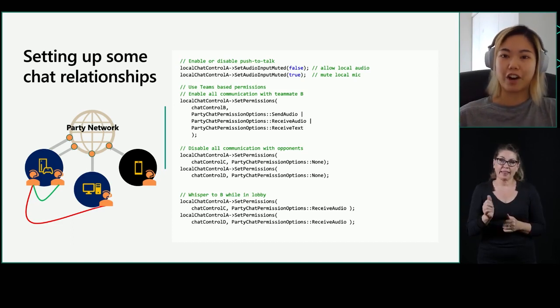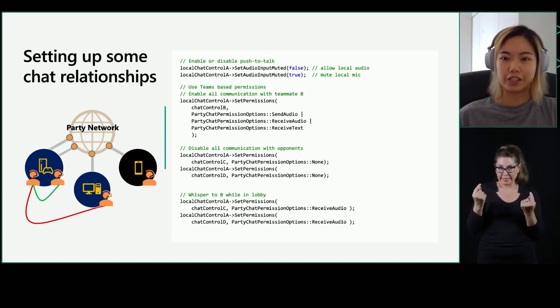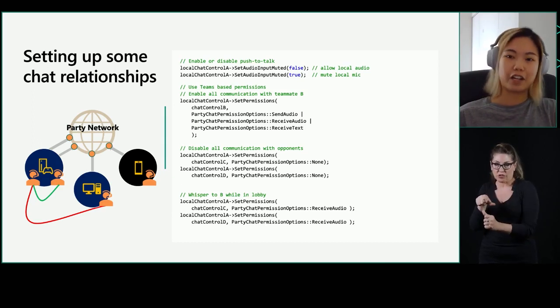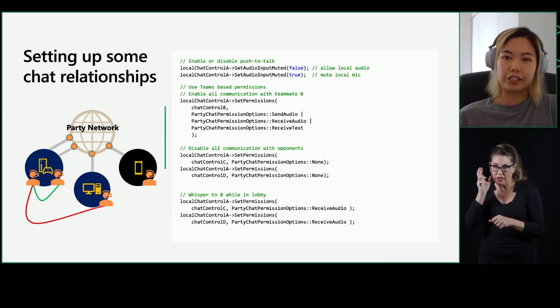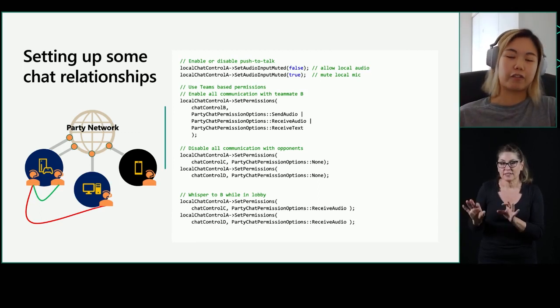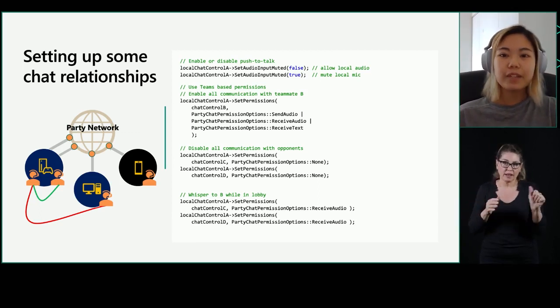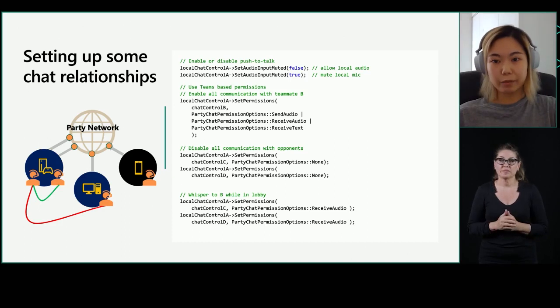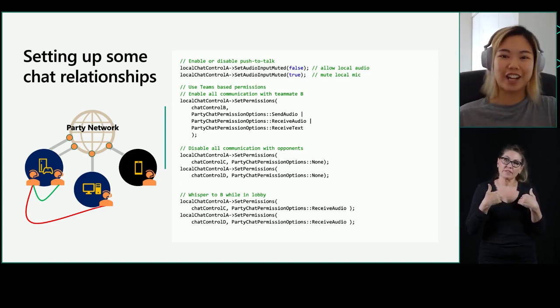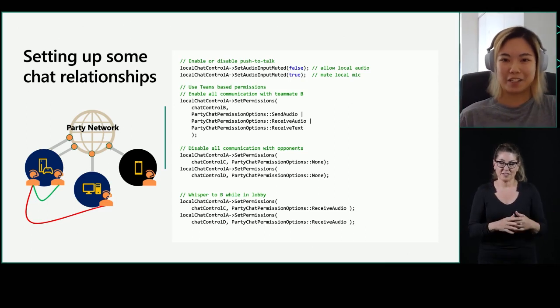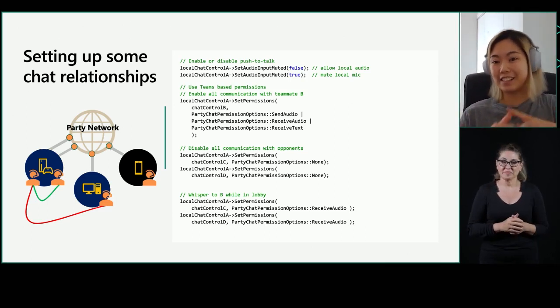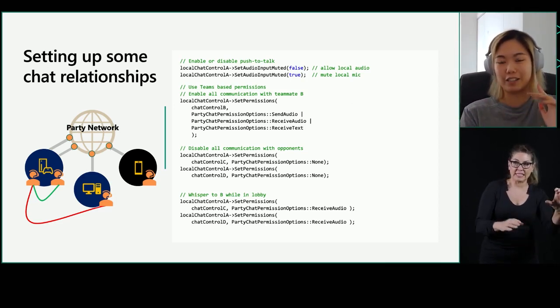Say A and B are a team. They want to talk to each other. So you would enable their send audio, receive audio, and you would enable all of these for A and B. And next we have do not talk to enemies. Deny communication with opponents. Say C and D are A's opponents.